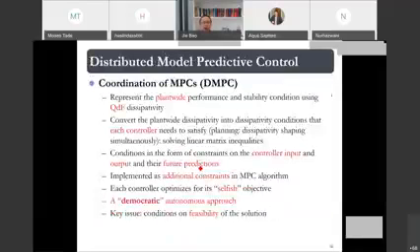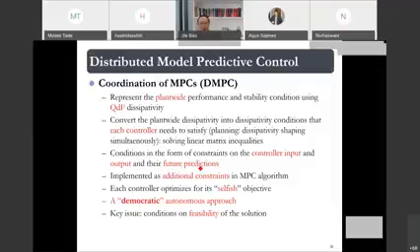Okay, so let's just summarize. I will speed up a little bit. What we do is we represent the plant-wide performance and stability conditions using the QDF, the quadratic difference form dissipativity. Then we convert the plant-wide dissipative conditions into the dissipative conditions that each controller has to satisfy.